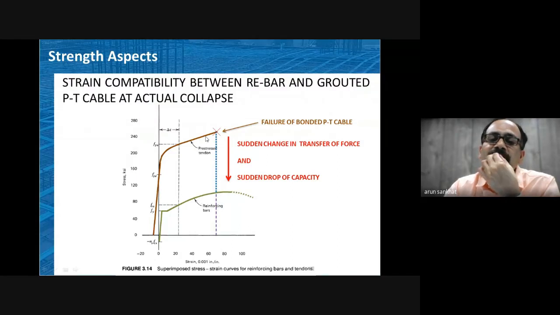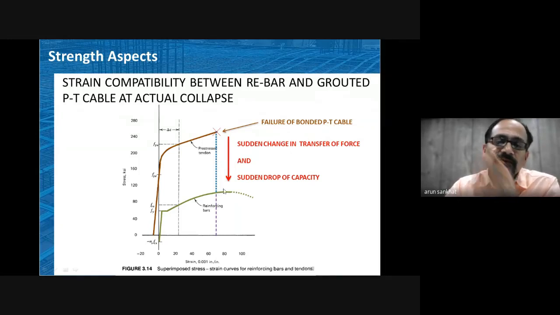As you know, the major part is taken care of by the pre-stressing force. Now there is an inadequacy in resisting the force through this HYSD steel. So there could be a sudden change in the transfer of force and a sudden drop of capacity at this level of ductility when the bonded PT cable is likely to fail.